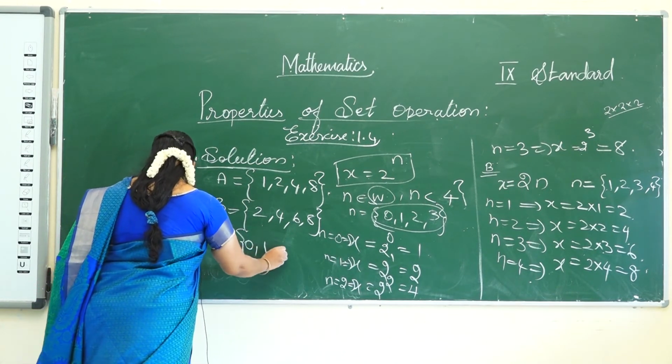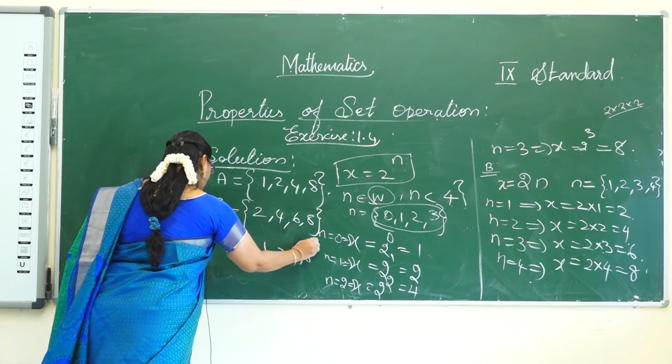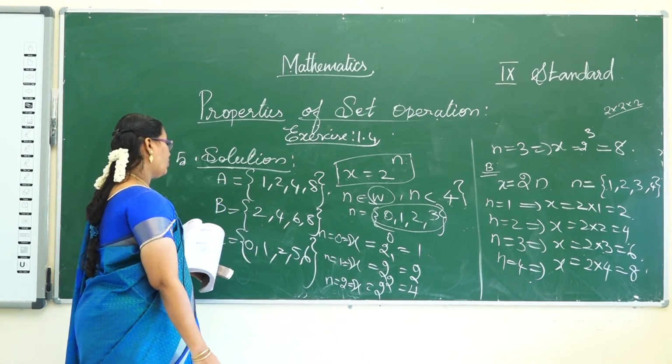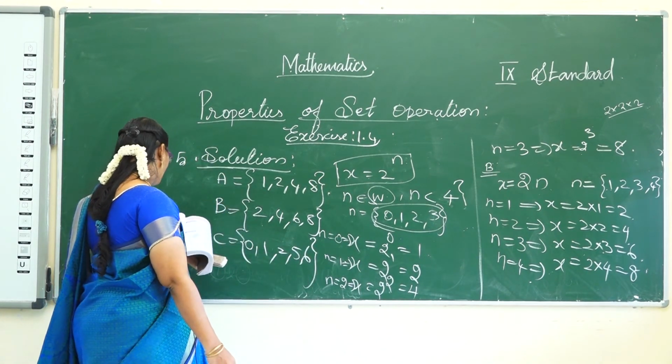And the C elements are already listed out in roster form: 0, 1, 2, 5, 6.